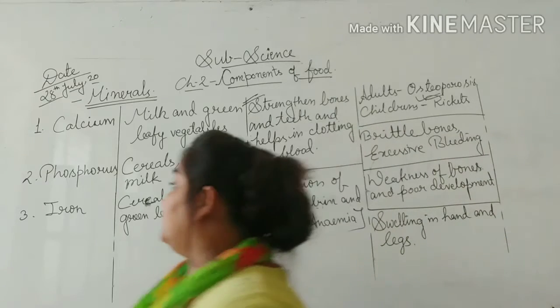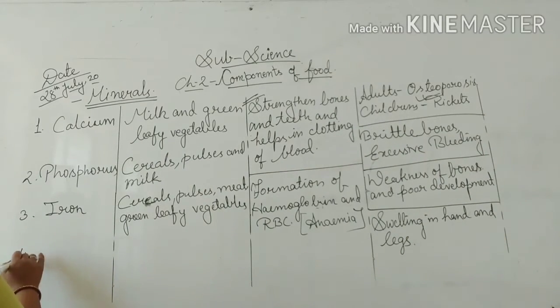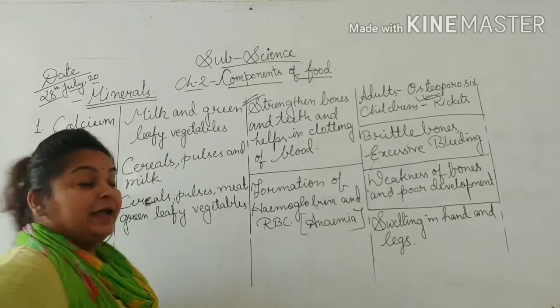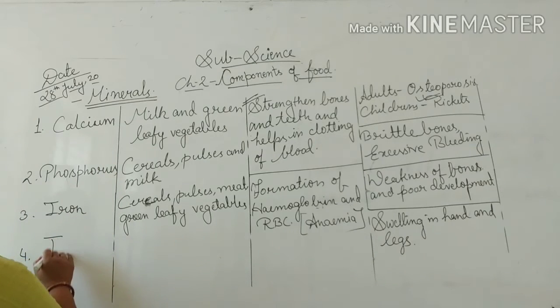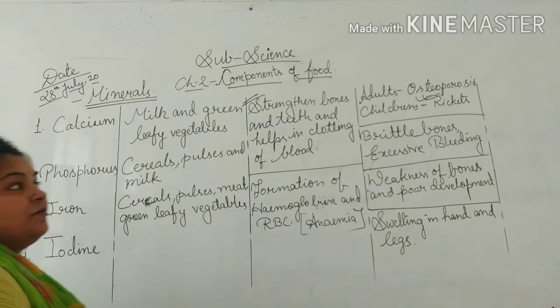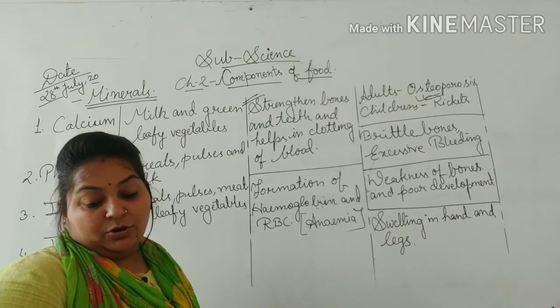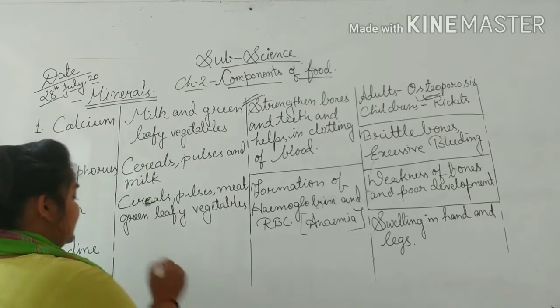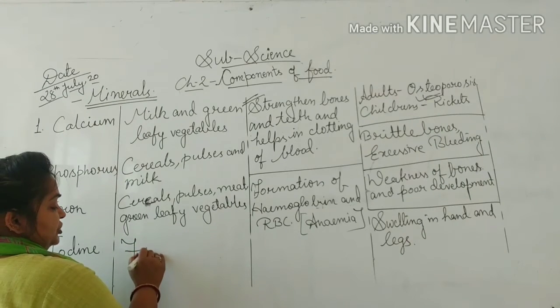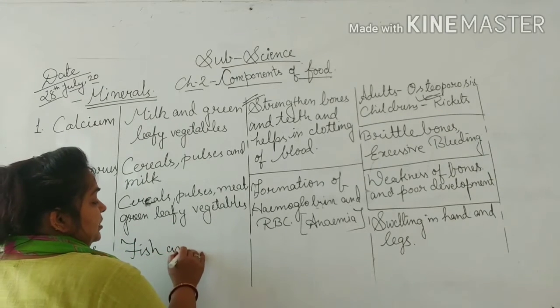Okay. Next, number four is iodine. You know iodine, we used to say iodized salt. If you are taking it, then you are free from some disease. So the sources are fish and salt.